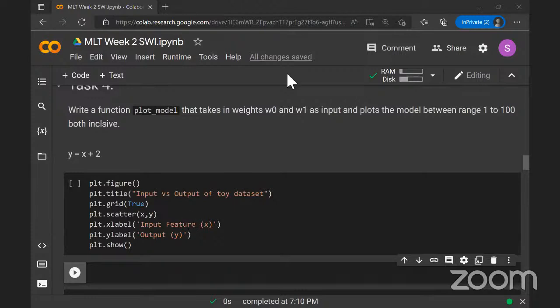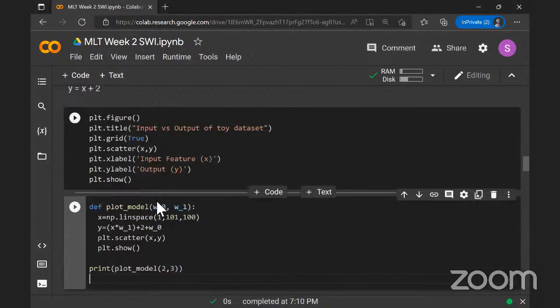So, anybody wants to share how they feel about this? Okay, I received one answer from Mehak. I'm going to copy paste Mehak's answer and see.